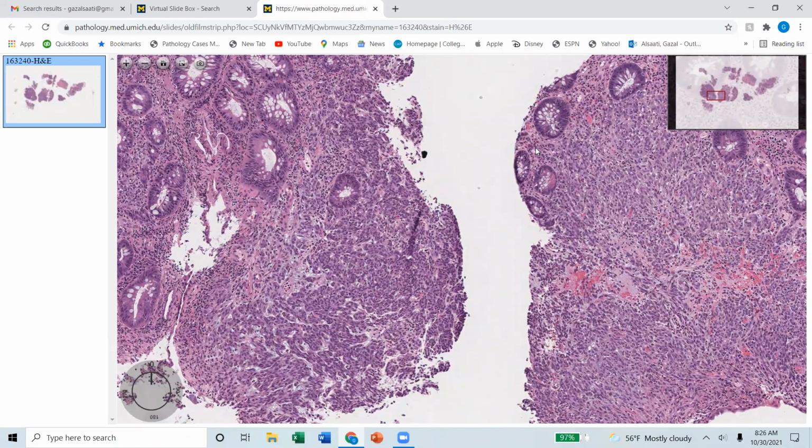You will do your S100 to rule out melanoma. You will do synaptophysin and chromogranin. Also, you'll do a keratin. And this is your first panel. Let's say keratin negative, S100 positive, chromogranin positive.